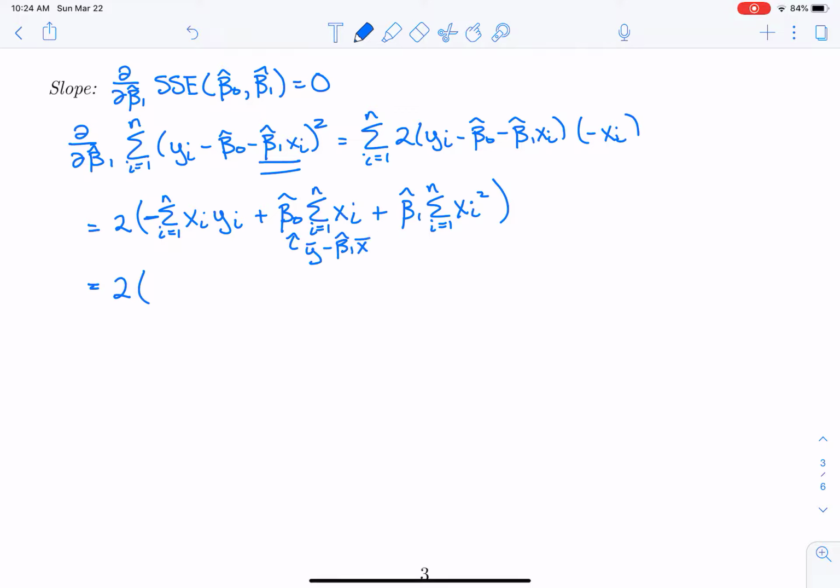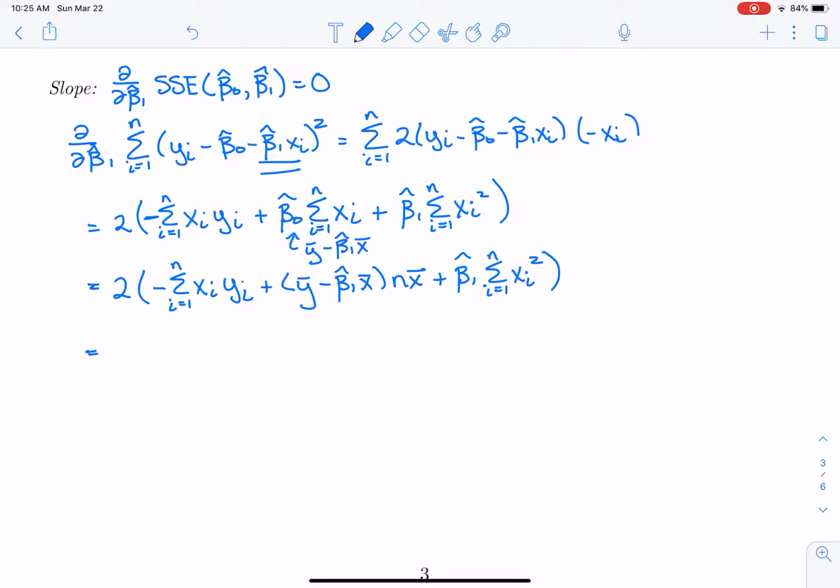I'm going to substitute that in so that I get 2 times the sum from i equals 1 to n of x sub i y sub i, and then plus, I'm going to substitute in for beta 0, so that's going to be y bar minus beta 1 hat x bar, and then the sum of the x sub i's, that's an n x bar. And then plus beta 1 hat sum from i equals 1 to n x sub i squared.